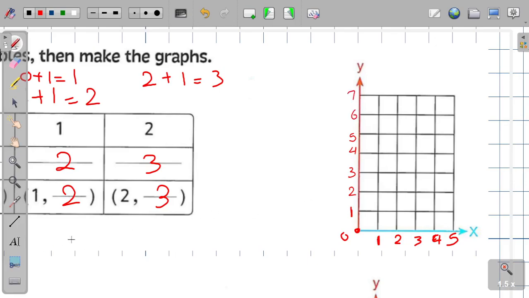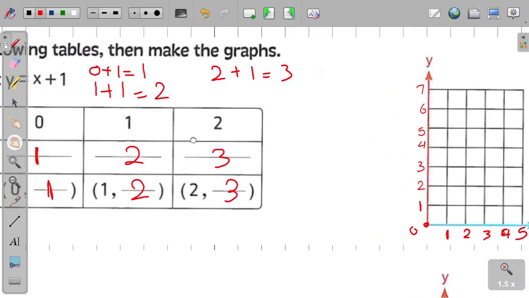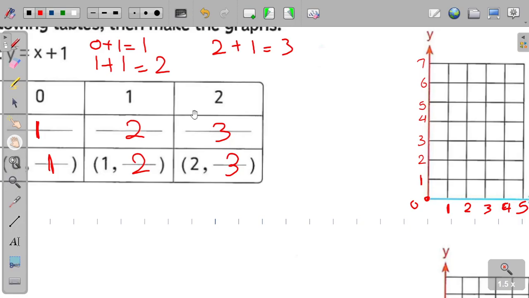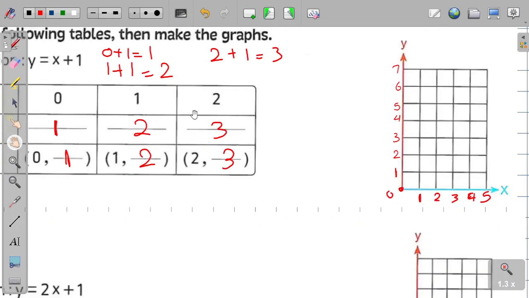Okay, so the first point was 0 and 1. So I will stop at 0 and go up to 1, so I will stop here. Next, I have 1 and 2. So I will go right to 1 and go up to 2, so I will stop here.